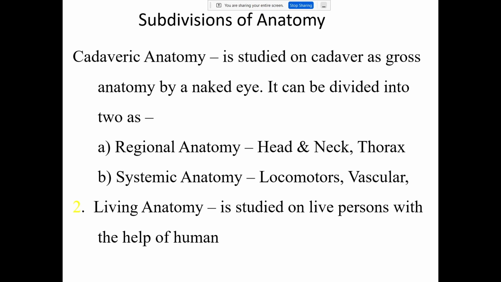So like that the divisions and subdivisions. According to that, region wise we are going to study, that is considered as regional anatomy.